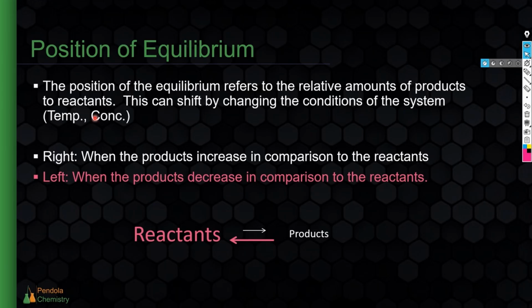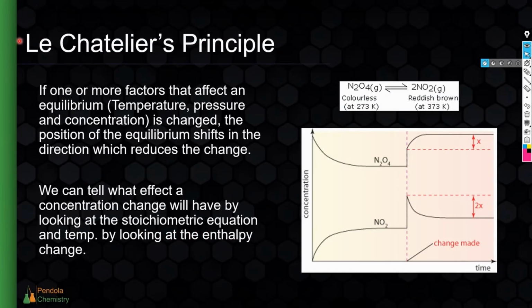Now, there are multiple factors that can affect this, but they're all going to be guided by the same principle when it comes to shifting equilibrium, and that is Le Chatelier's principle. Le Chatelier's principle says that if one or more factors that affect equilibrium, i.e. temperature, pressure, or concentration, is changed, the position of the equilibrium is going to shift either left or right in the direction which reduces the change that we have created.